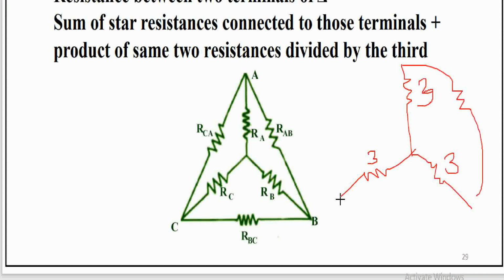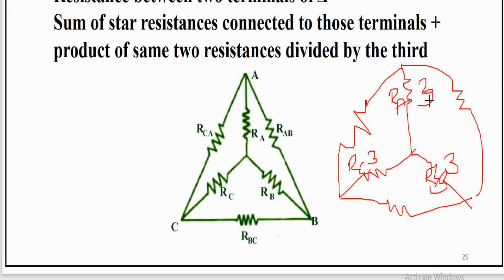I want to find the delta. So how to find delta? This is a branch obtained by connecting RA, RB, and this is your RC.